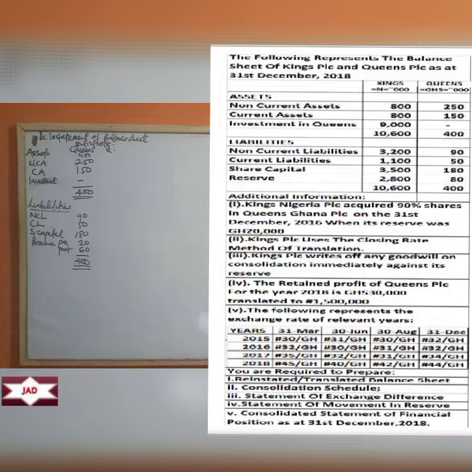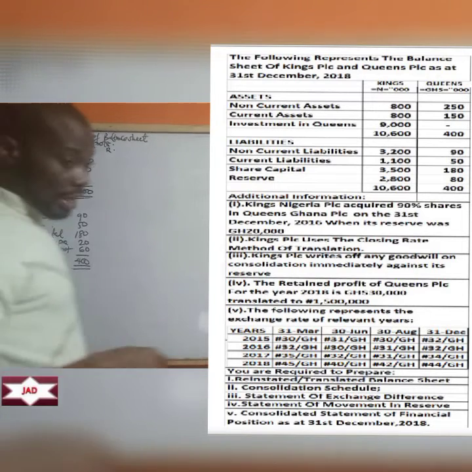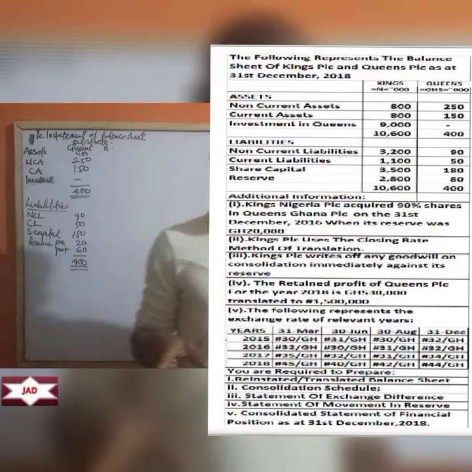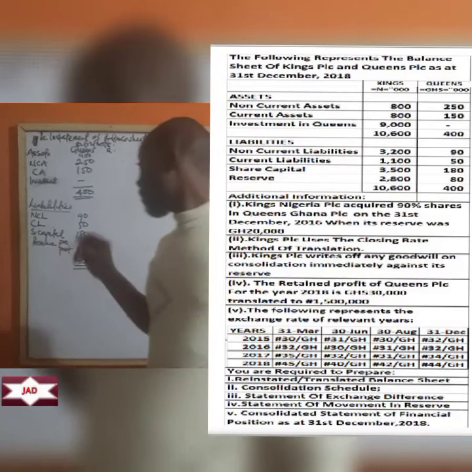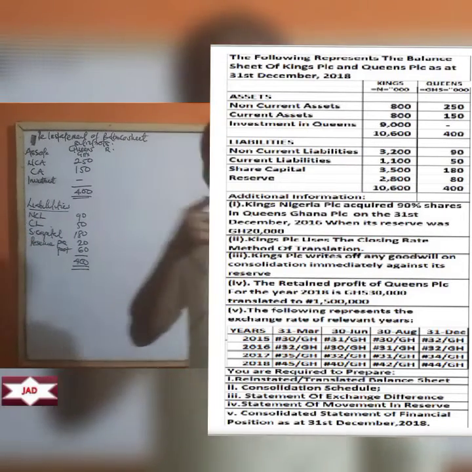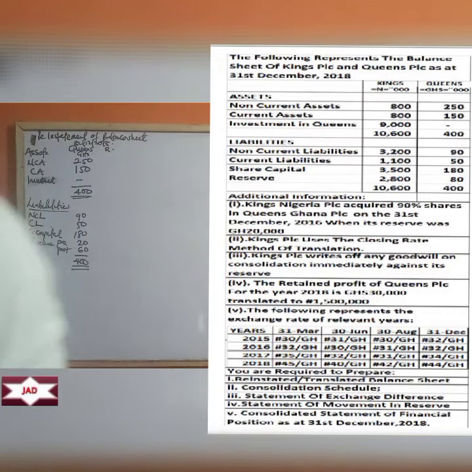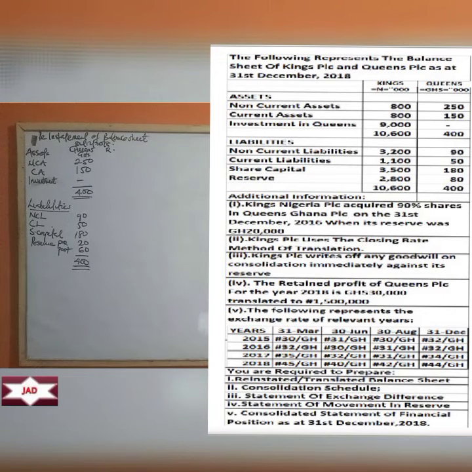Okay, so what's the rate? They said the business uses the closing rate method to translate, which means we're translating at the rate ruling as at the balance sheet date, but for the share capital and reserve we use the historical rate at the date of acquisition. The rate for 2018 is 44 naira per cedi.